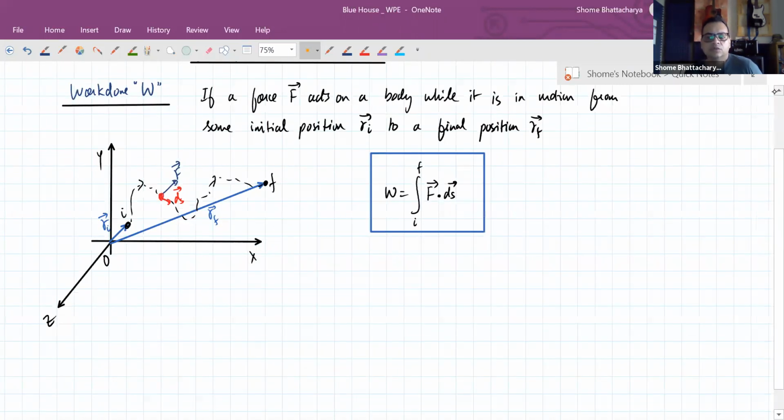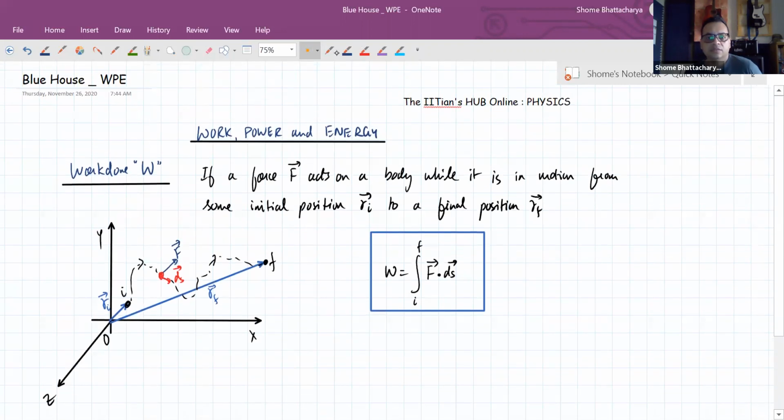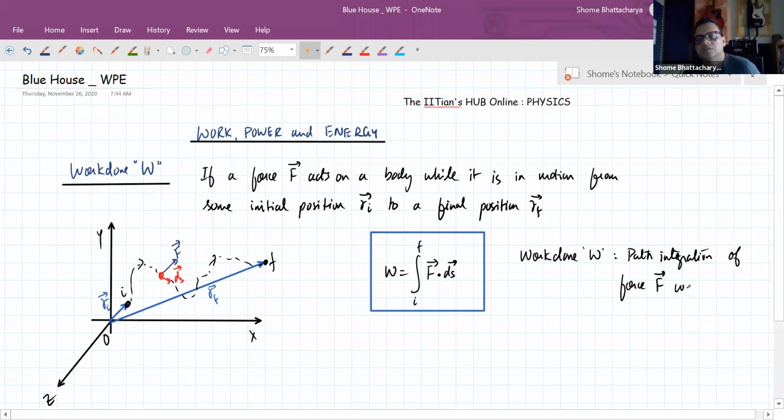In words, this quantity is called the path integration of force with respect to displacement. So work done, W, is the path integration of force F with respect to displacement.